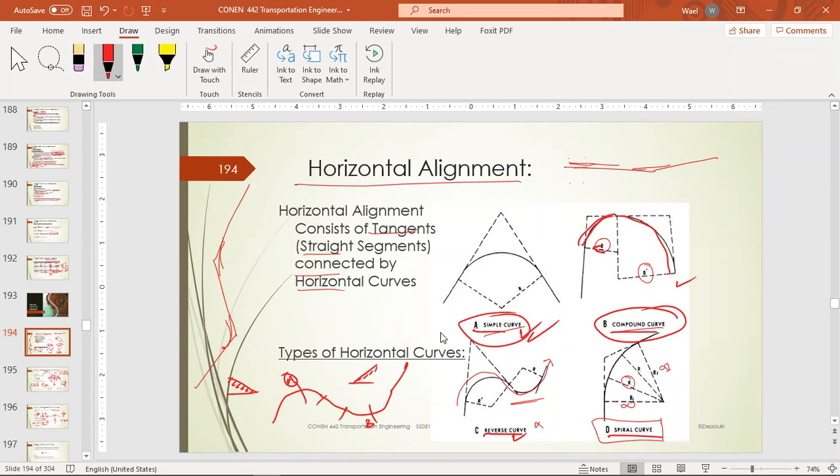So flipping the cross section at a single point here is very problematic. So we prefer to have a straight segment to level and make this transition smooth between the two super elevations, because we have two opposing super elevations at one point.